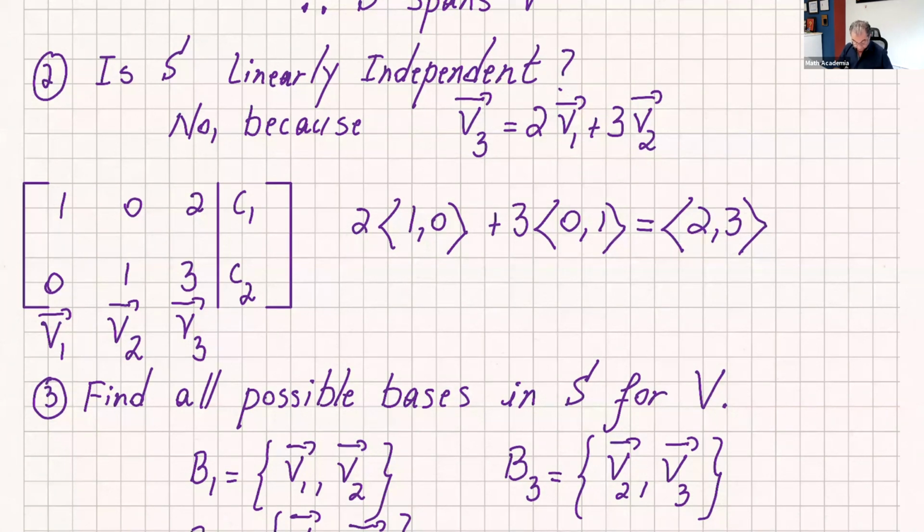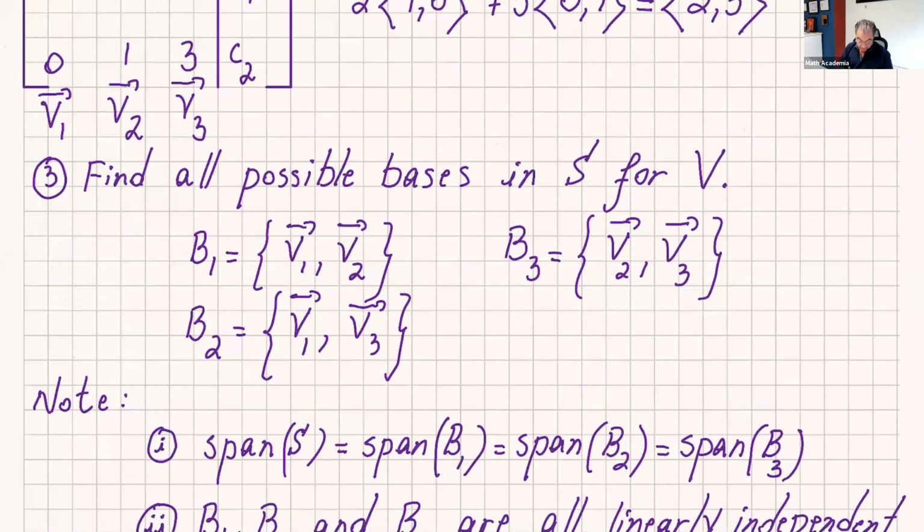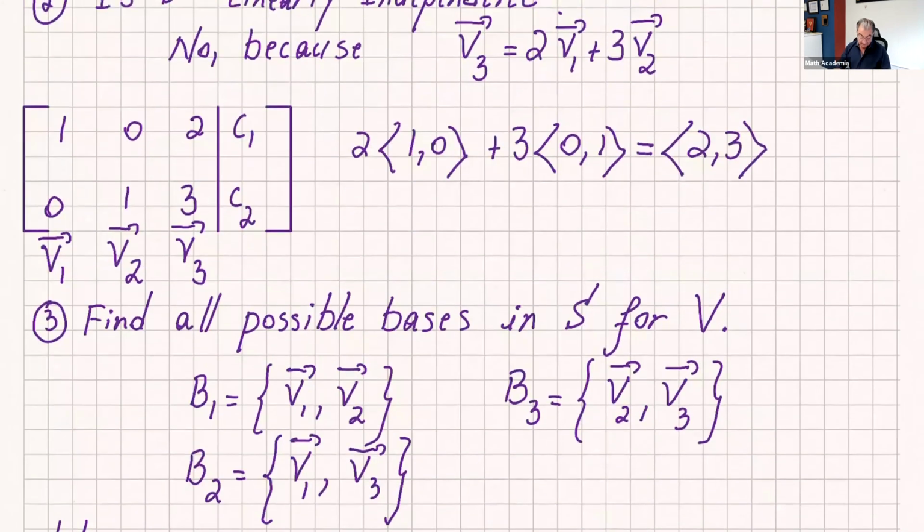Now, next question, find all the possible bases of S for V. To do that, you go to your matrix here. Usually it's the RREF, but this is already RREF. So let's find all the linearly independent vectors. We know that V1 and V2 are linearly independent because none of them is a scalar multiple of the other one.